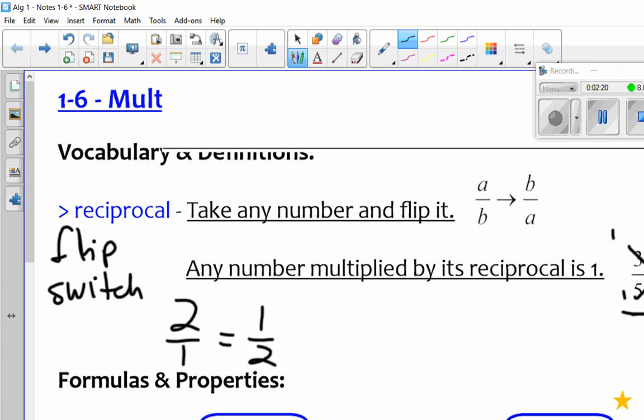The other example: if you get a fraction with a 1 on the top, like 1 over 4, I flip it, it is technically going to be 4 over 1, but we don't write it like that. It's really just going to be 4. So there's some uniqueness to that rule of flipping or switching, to make sure we understand these unique situations.